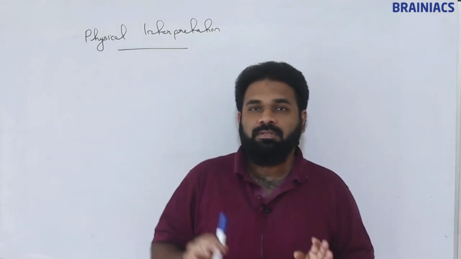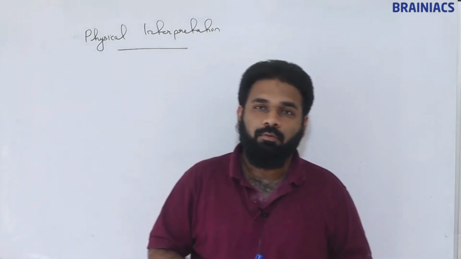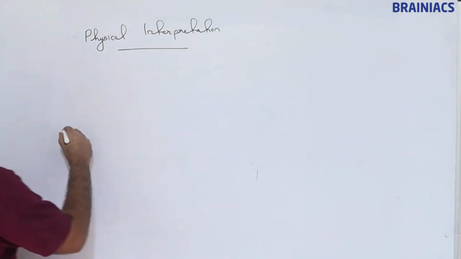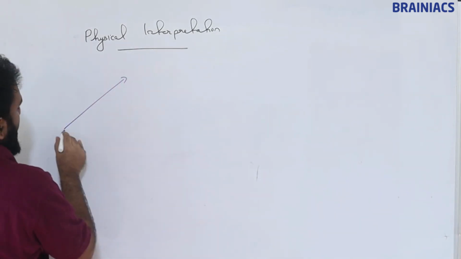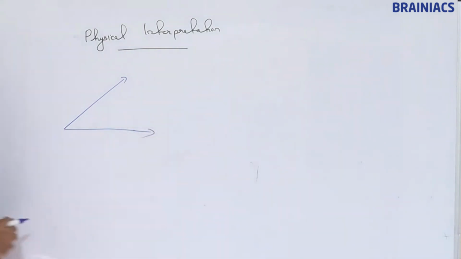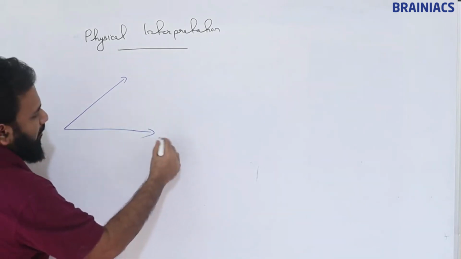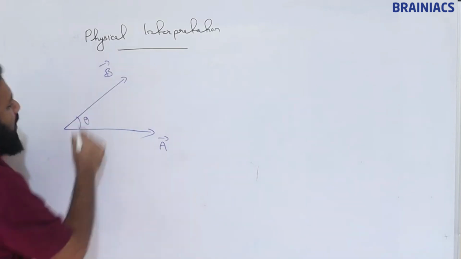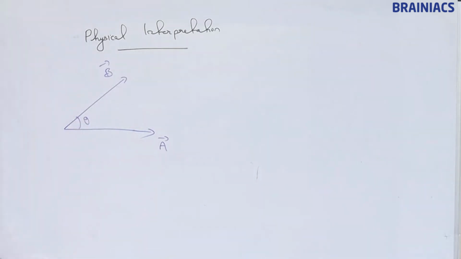Now let us see the physical interpretation of the dot product. Suppose this is one vector and this is another vector, two vectors. We can call this vector A, this vector B, and the angle between them is theta.